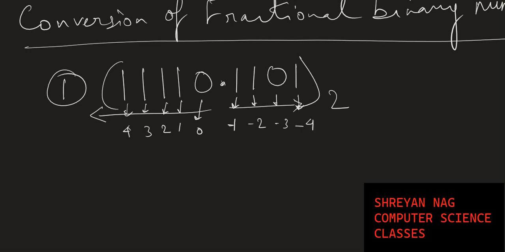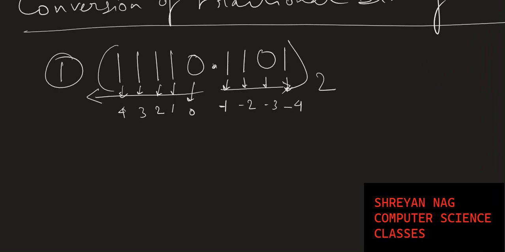Now we are going to write like this: the face value is 1, so 1 into 2 to the power of 3 plus 1 into 2 to the power of 2 plus 1 into 2 to the power of 1 plus 0 into 2 to the power of 0.